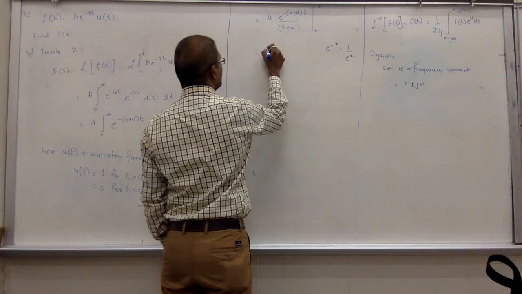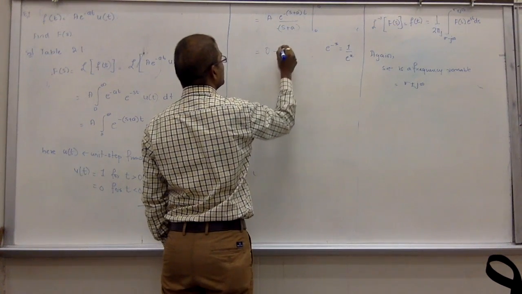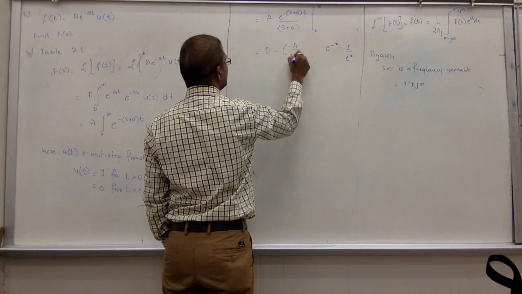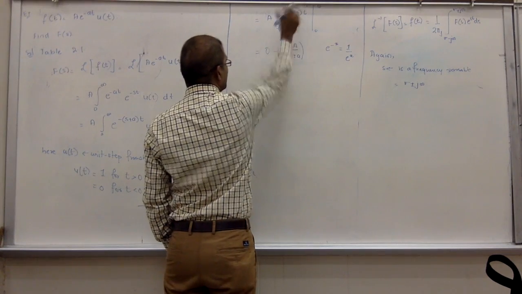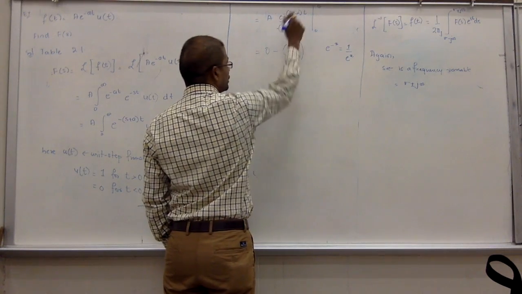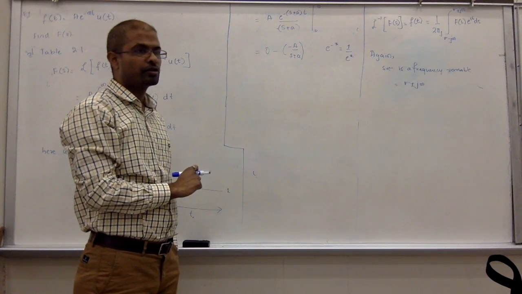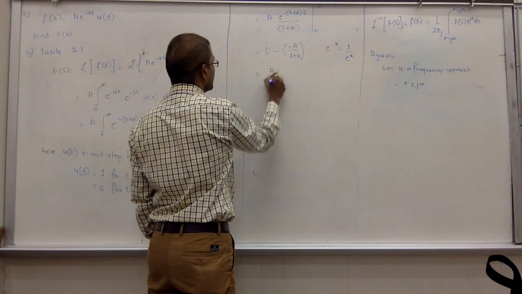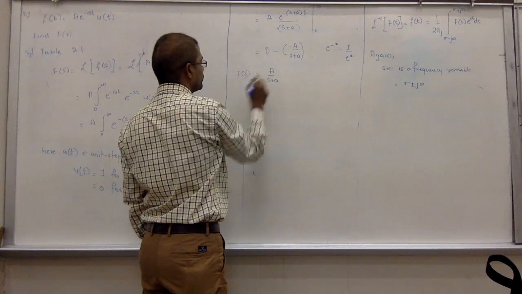So it will be 0 minus, minus 1 over s plus a, into, you only have to evaluate the numerator. e to the power of 0 is 1, so this will be 1 over s plus a.